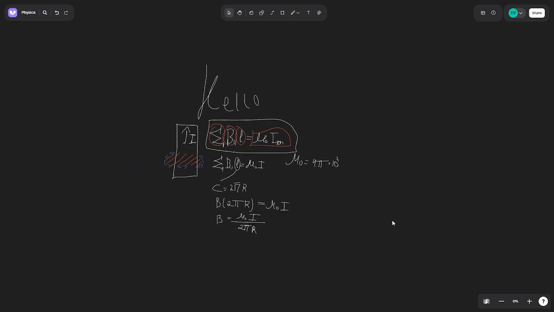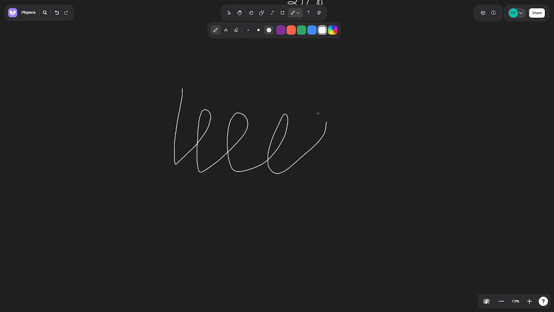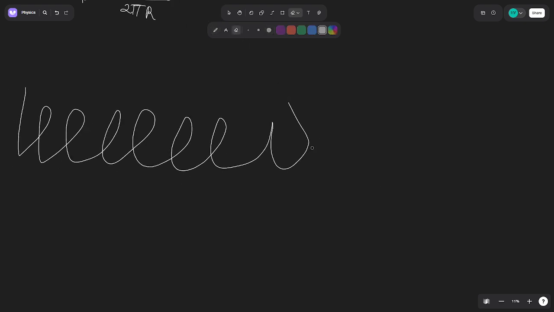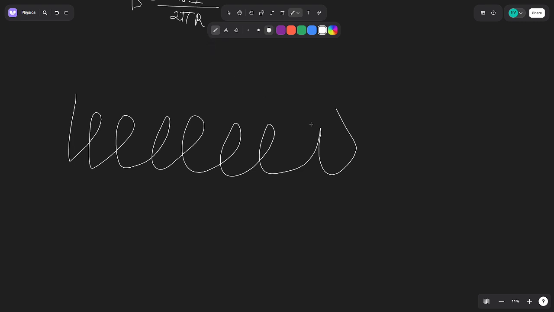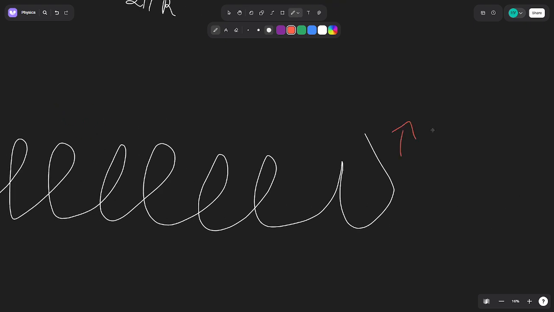Now let's talk about solenoids. A solenoid is a really scientific name for really simple stuff. It's just a coil of wire. So this is basically a solenoid, and there is some current passing through the solenoid.